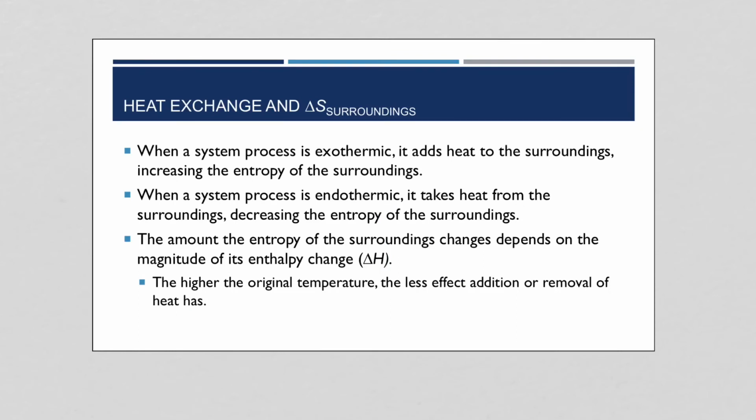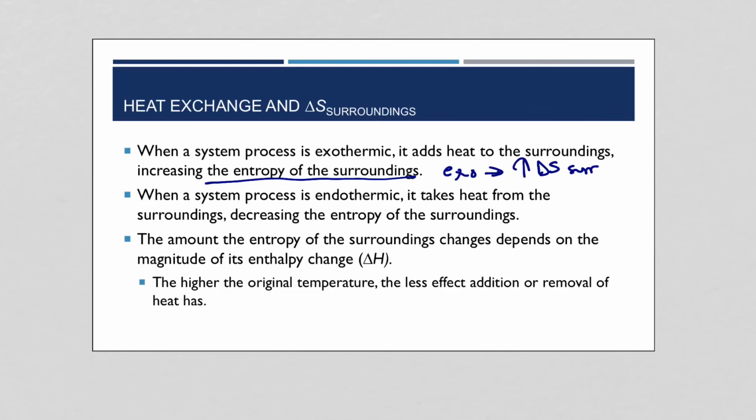Now, we also looked at specific types of enthalpies. We said that if a system is exothermic, meaning it adds heat to the surroundings, then it will also increase the entropy of the surroundings. So exothermic increases the S of the surroundings.